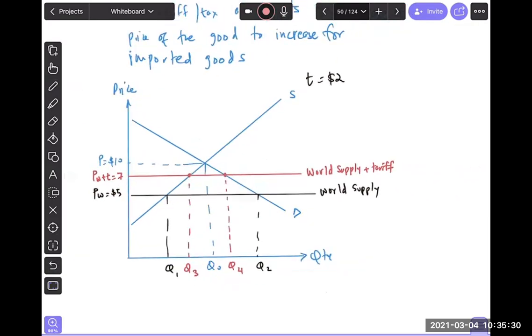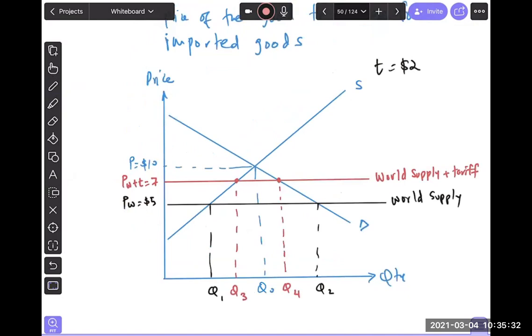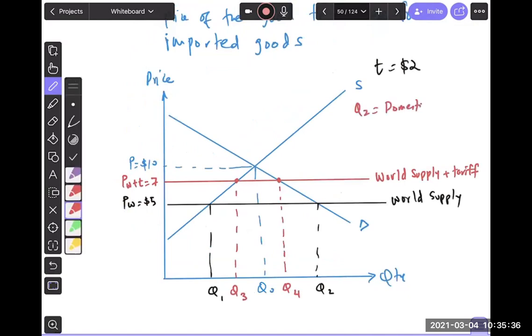When you look at this diagram, guys, Q2 is your domestic demand. Q1 is your domestic supply. And Q2 minus Q1 is your imports.